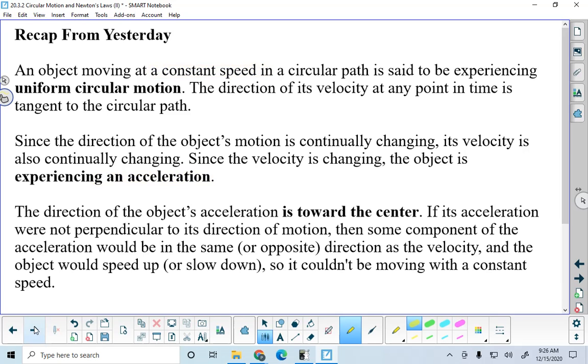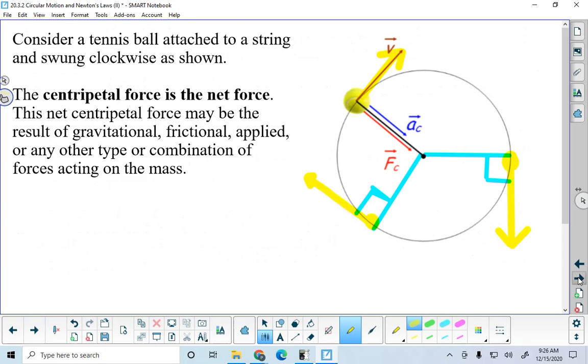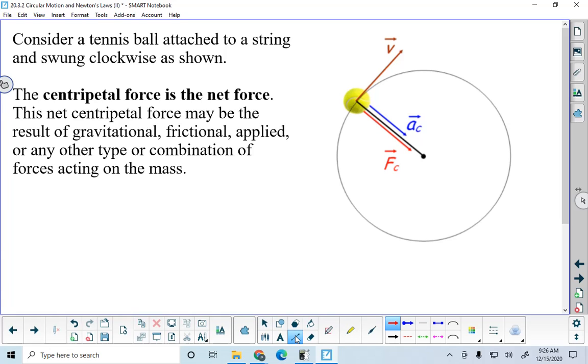We also talked about the fact that the only thing that makes sense is the acceleration is towards the center. And I'm going to go back to my diagram of the tennis ball here. The acceleration has to be towards the center because I'm looking at that blue vector. If that blue vector instead were even a little bit in this direction, there is a component to that blue vector that is acting in the same direction as the velocity, which would mean the velocity would increase in value.